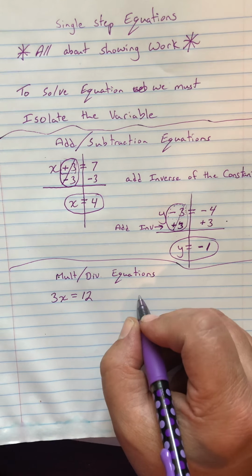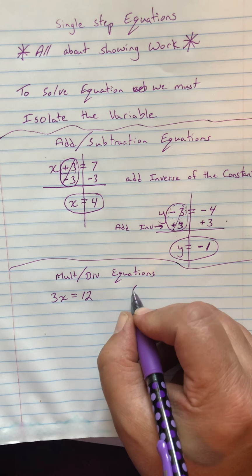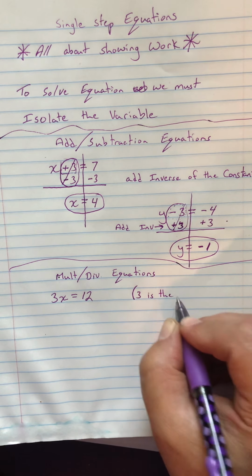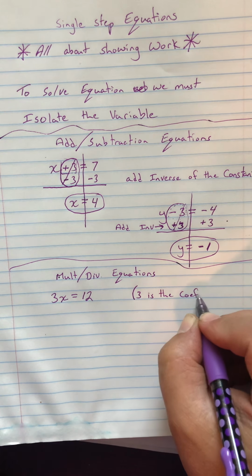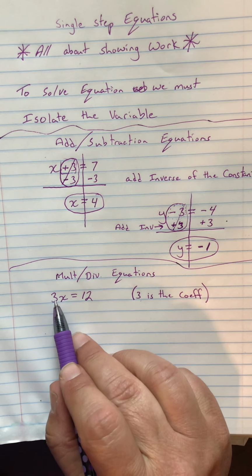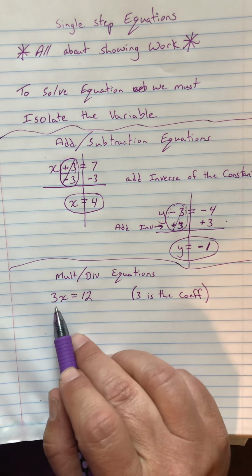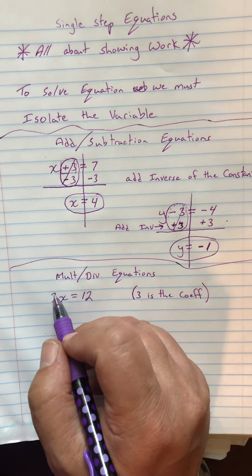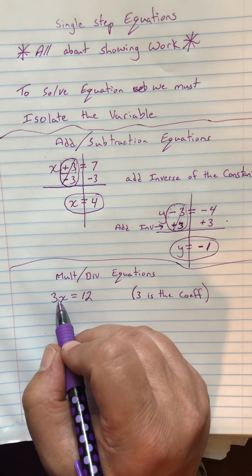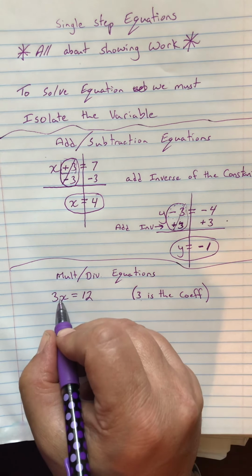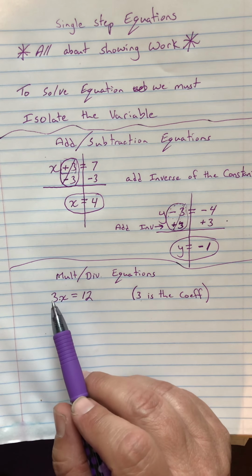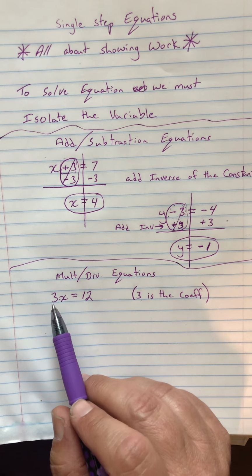Okay, so in this problem, 3 is the coefficient. Okay, that's important to understand. The coefficient is what we need to equal 1. So using multiplication or division, because this is a multiplication problem, that's why you have to choose, what can you either multiply by or divide by to turn a 3 into 1?